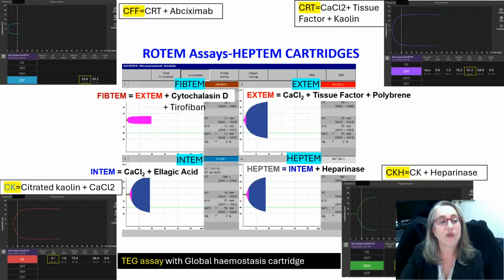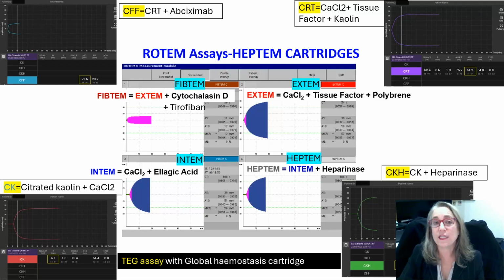Then in the very top left, there's a functional fibrinogen, CFF, with the black background. That is the analogous test in a TEG. It has a single reagent, abciximab, removing the platelets. So there's a little bit of platelet noise with 1 reagent, but essentially it's looking largely at the functional fibrinogen. So the top left side of this screen is FibTem and CFF fibrinogen contribution. And think of that like a Clauss fibrinogen.